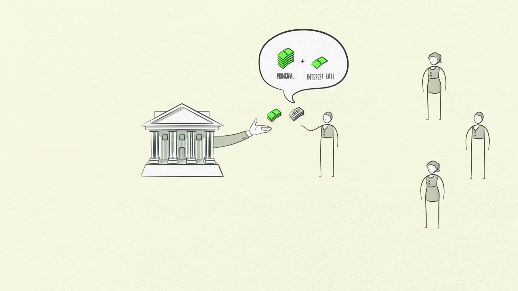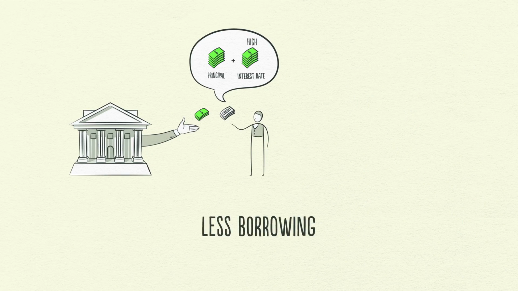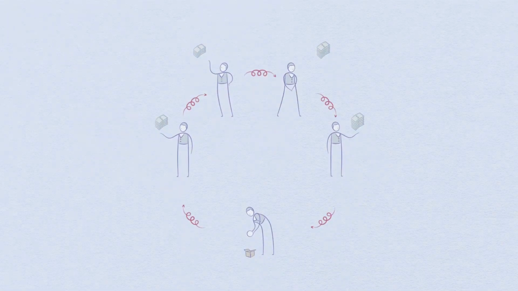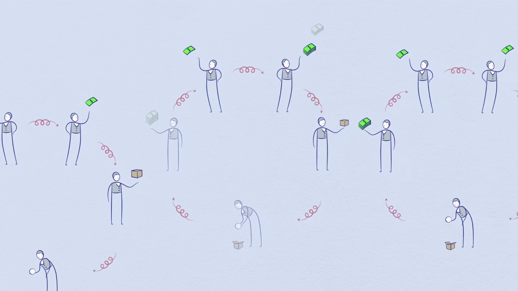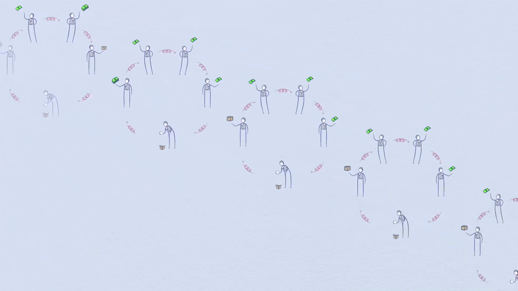With higher interest rates, fewer people can afford to borrow money, and the cost of existing debts rises. Think about this as the monthly payments on your credit card going up. Because people borrow less and have higher debt repayments, they have less money left over to spend, so spending slows. And since one person's spending is another person's income, incomes drop, and so on and so forth.